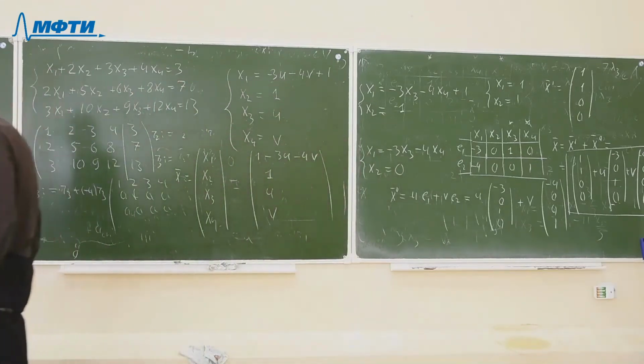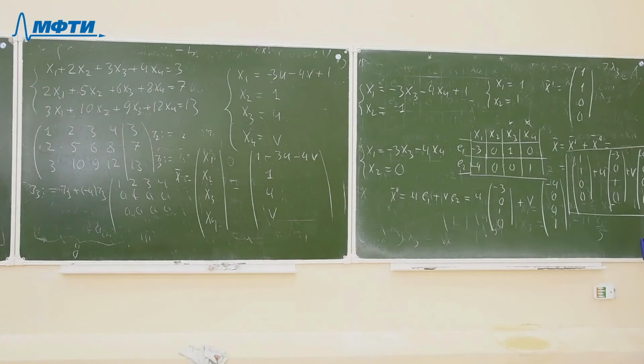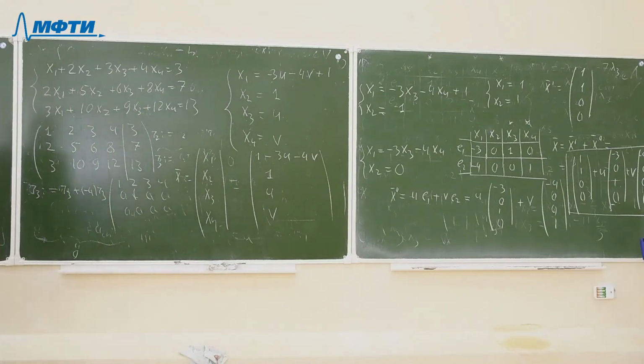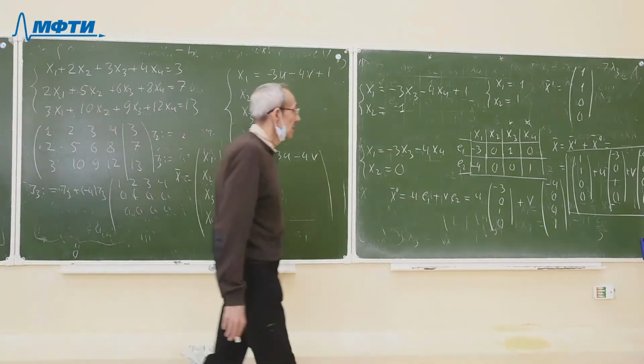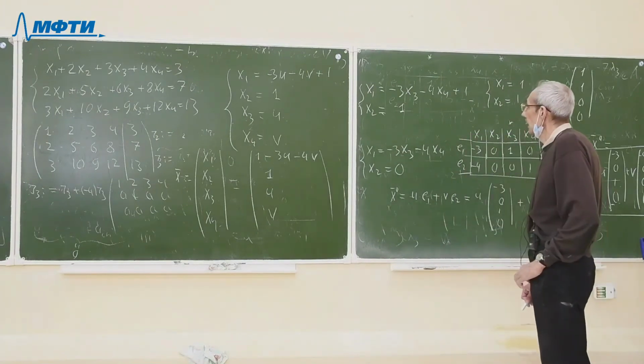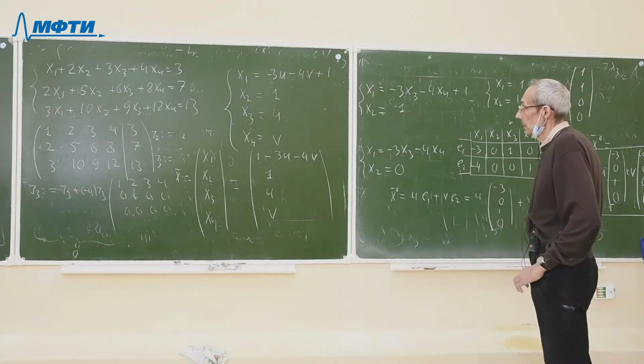So the parametric form for the solution of the non-homogeneous system is equivalent to the presentation of the solution as the sum of the general solution of the corresponding homogeneous system as a linear combination of basic solutions and some partial solution of the non-homogeneous linear system.